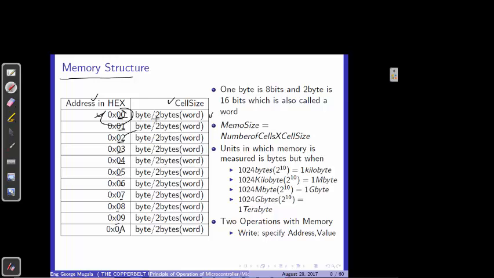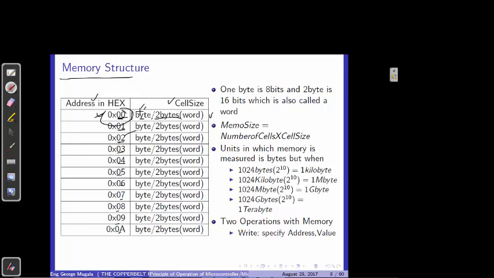How long are the cells, or how much data can the cell hold? That becomes very critical in memory sizes as well. When we talk about the amount of information a cell can hold, we can say the cell can either be a byte long or 2 bytes long. In simple terms, a byte is 8 bits, and 2 bytes is 16 bits.